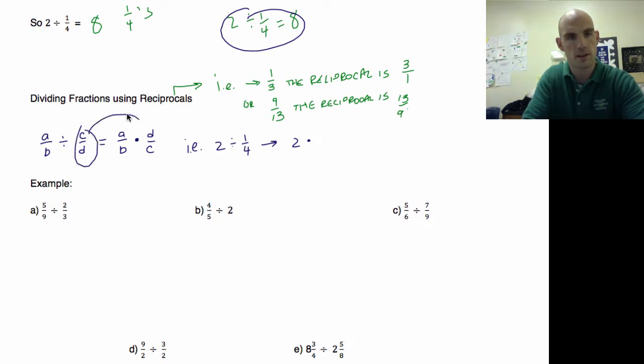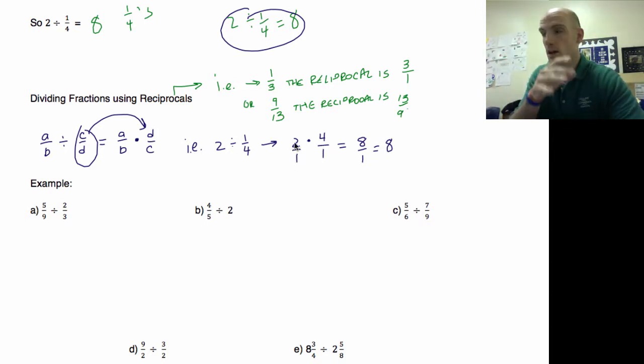See, these here, these are reciprocals. So 2 times 4/1 gives me 8/1, which is equal to 8. Now this 2 can be an implied 2/1. And so that is how I use reciprocals to multiply instead of dividing.